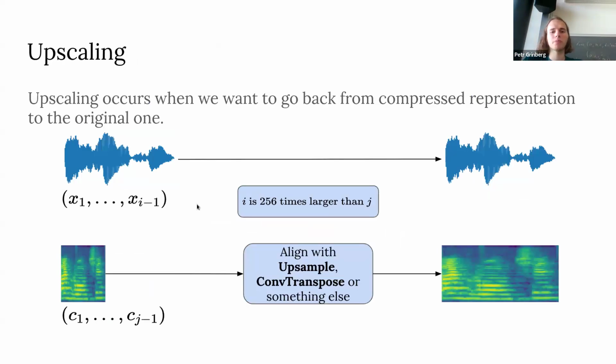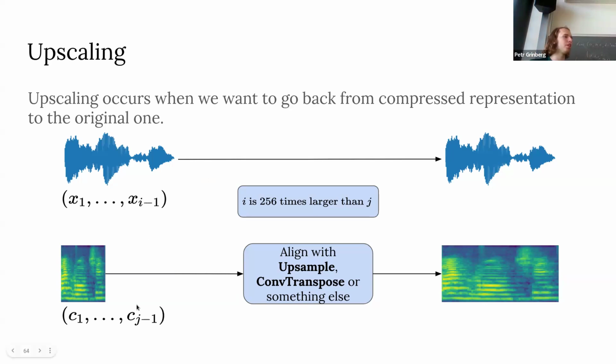Yeah, so upscaling occurs when we want to go back from a compressed representation to the original one. We had this raw waveform. It is very long, but when we have a Mel spectrogram, it's much shorter. So in the waveform, we have I elements.